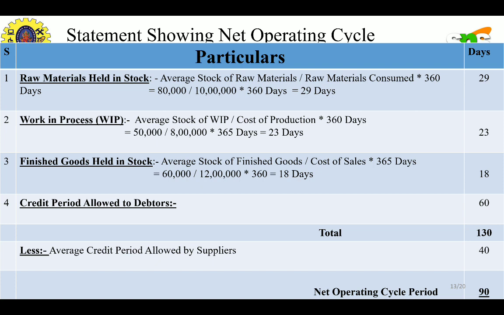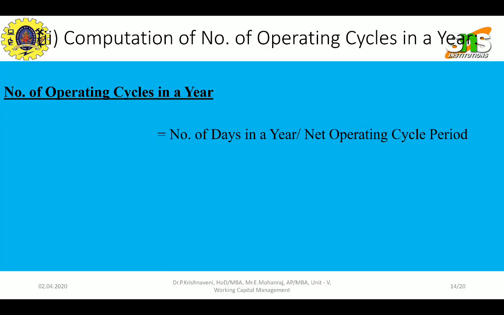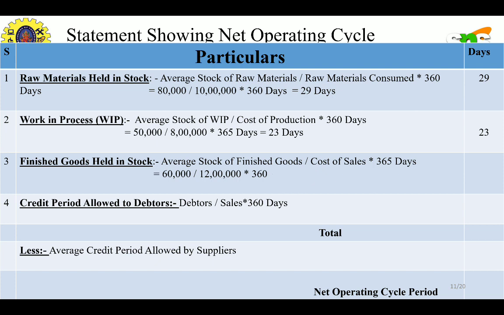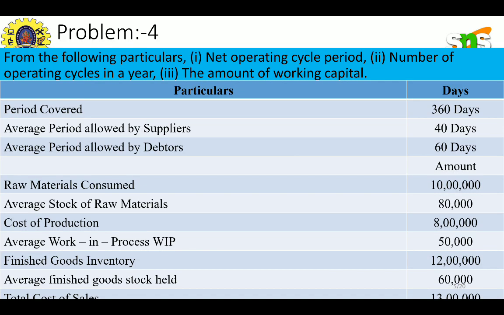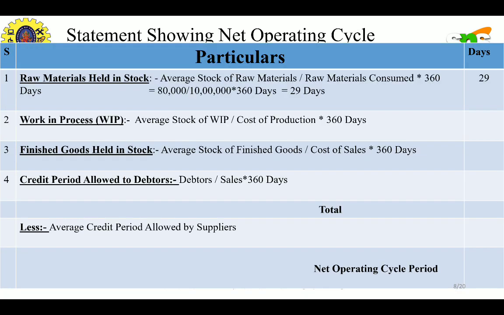After that we go for the second thing. We want to find the computation of number of operating cycles in a year, which is equal to number of days in a year divided by net operating cycle period. The net operating cycle period we already found. The number of days in a year is already given in the first item of your question, 360 days.